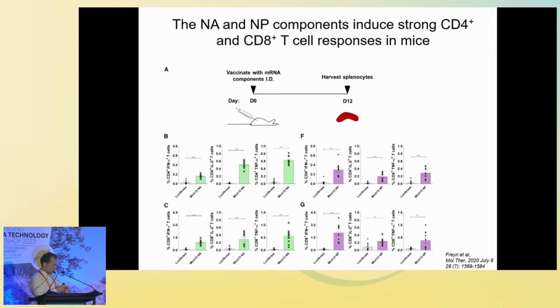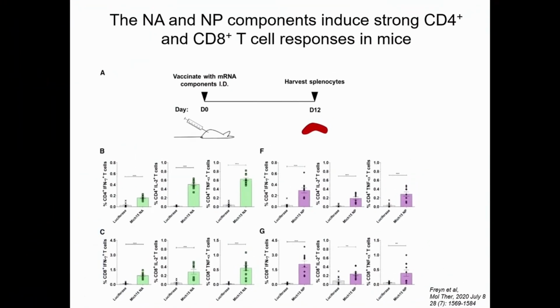We looked at the cellular immune responses induced by the NA vaccine and the NP vaccine. Animals received a single immunization, and 12 days later we looked at CD4 and CD8 positive T-cell responses in splenocytes, and it turned out that both vaccines induced both CD4 and CD8 positive T-cell responses, as measured by interferon gamma, IL-2, and TNF-alpha producing cells.